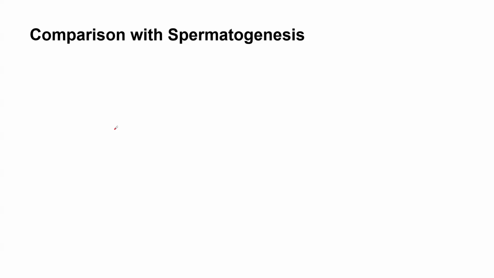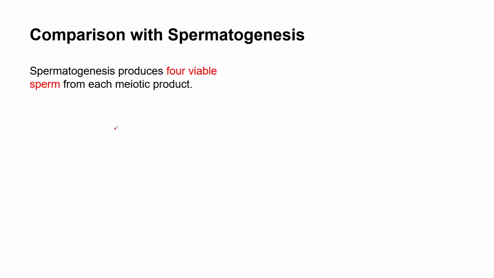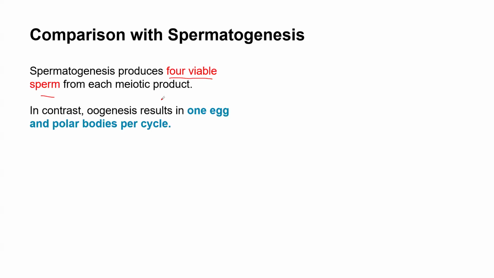Very importantly, let's look at the comparison with spermatogenesis. In spermatogenesis, 4 viable sperm are produced from each meiotic product. This is in contrast to oogenesis, which results in 1 egg and polar bodies per cycle.